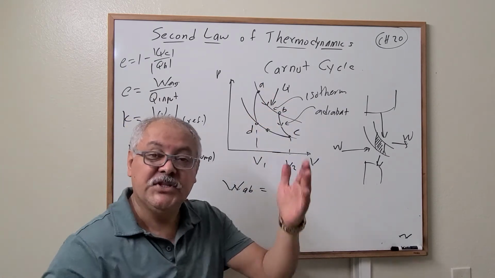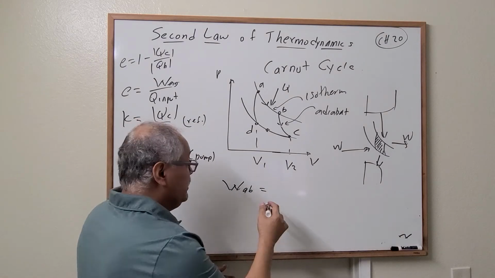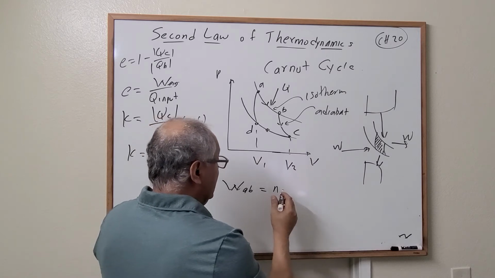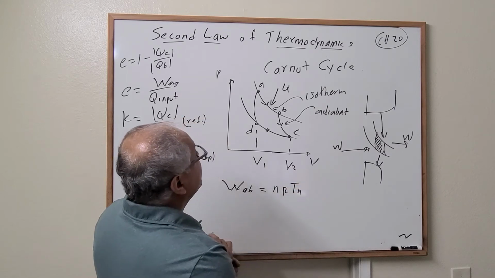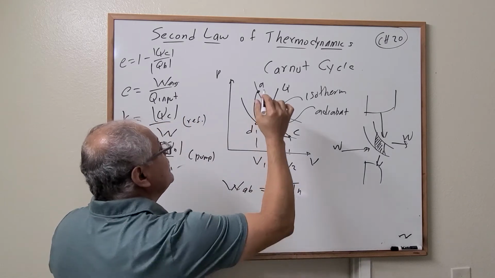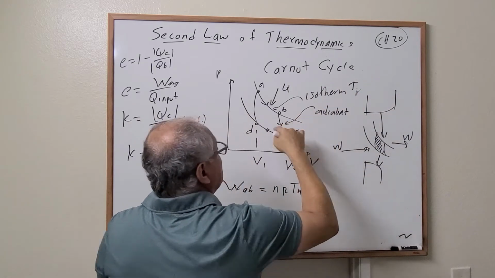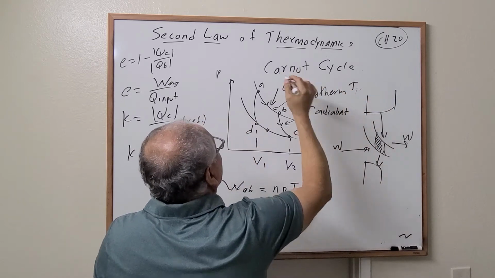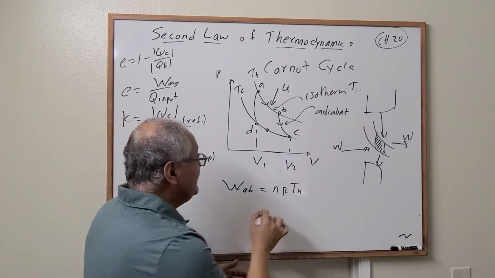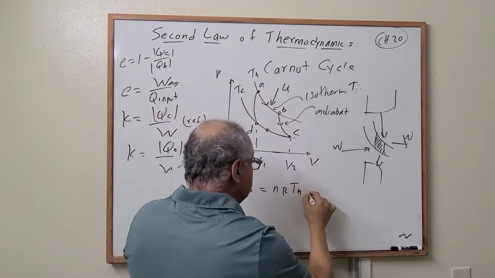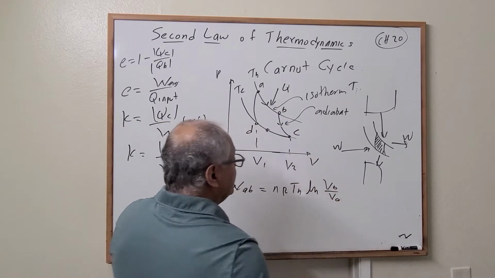We already know from the previous chapter the formula for the work done in an isotherm: it equals nRT_H in this case. Let's call this T_H, because it's hotter than this one. This is T_H and this is T_C. Perfect. T_H because we are in this isotherm, times the ln of volume final over volume initial.